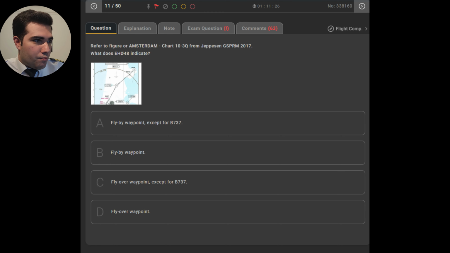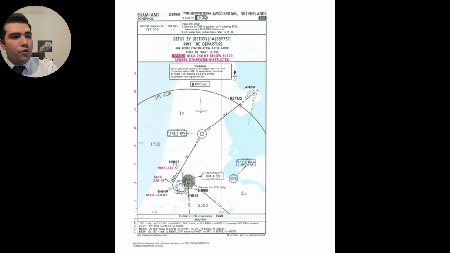And if you put your attention on Echo Hotel 080, it's only flyover for Boeing 737. If you follow the line, it is actually not touching Echo Hotel 048, so it's actually a flyby waypoint.